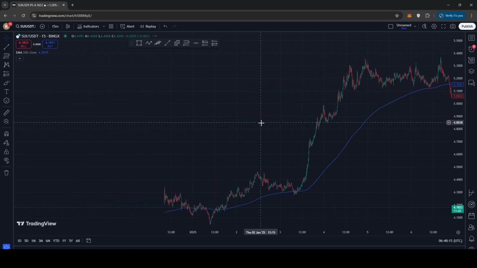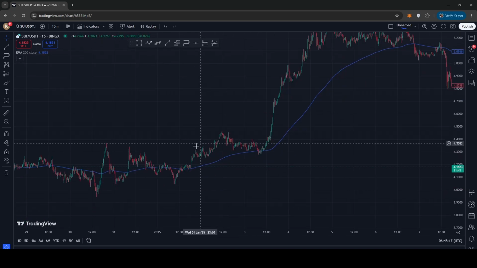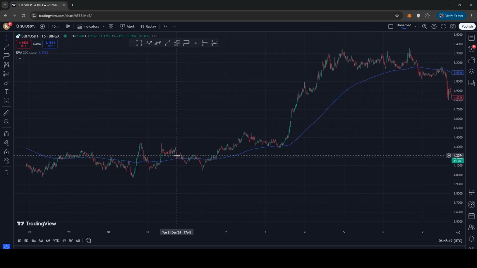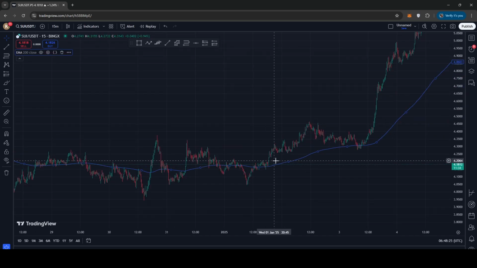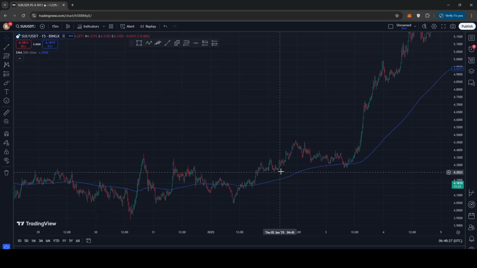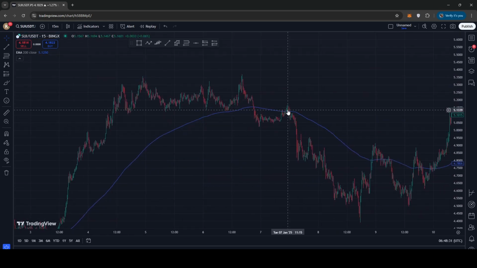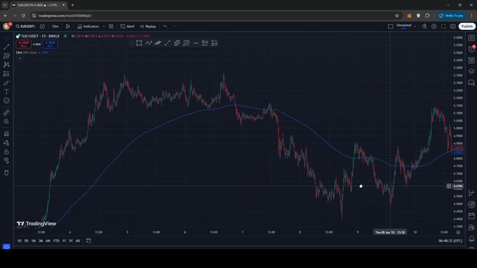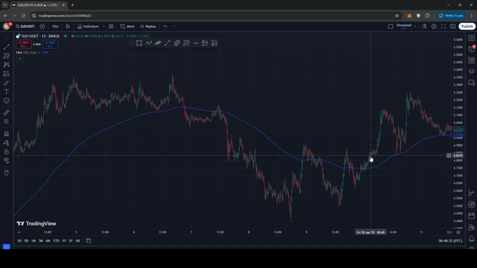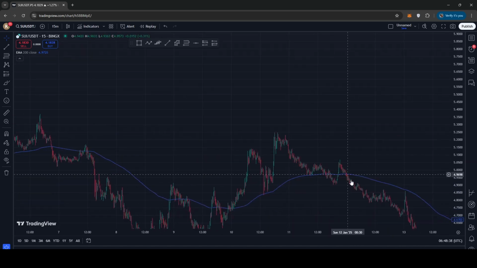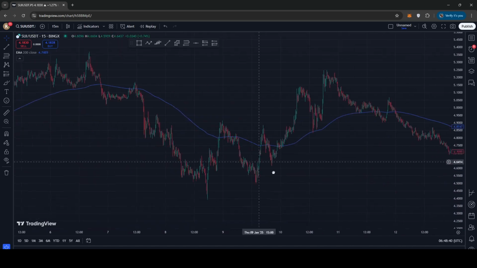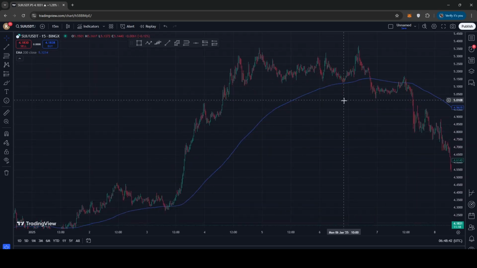Because it shows us the main trend of the overall chart. What it means is that when the price is above the EMA, our trend is an uptrend, and when the price is below the EMA, our trend is a downtrend. As you can see here, we're coming up into the uptrend, and again going down into the downtrend.